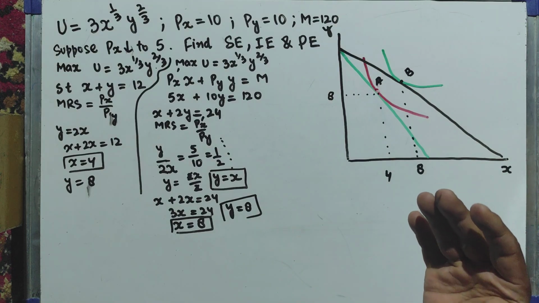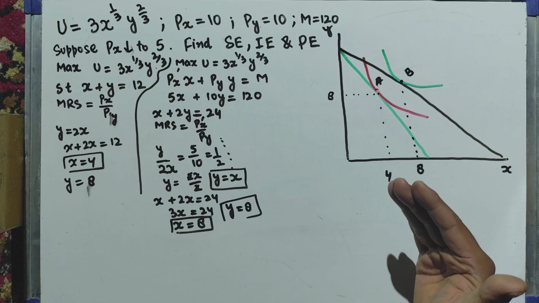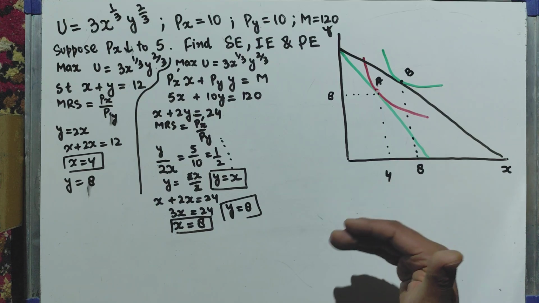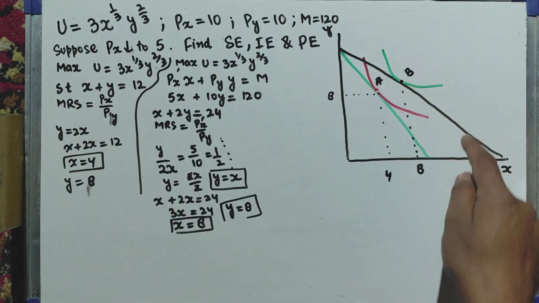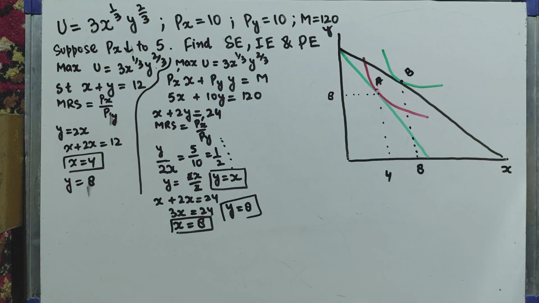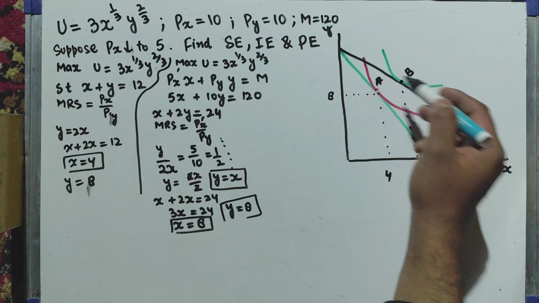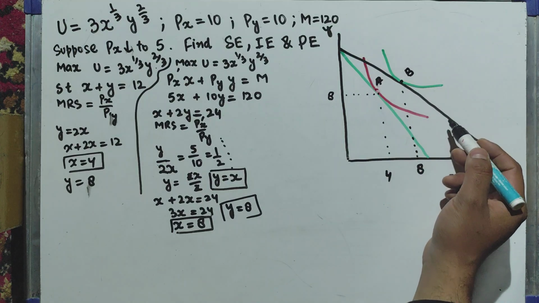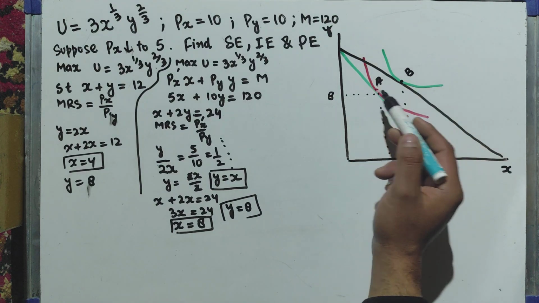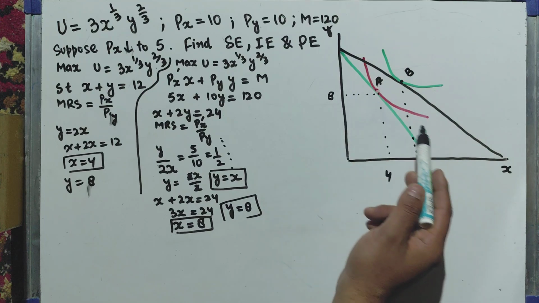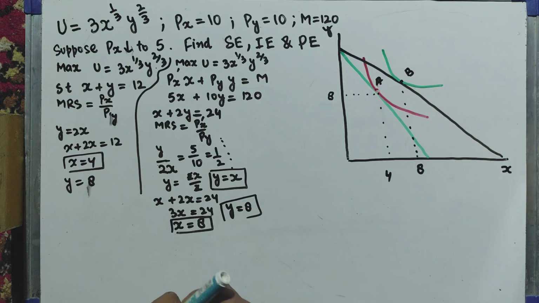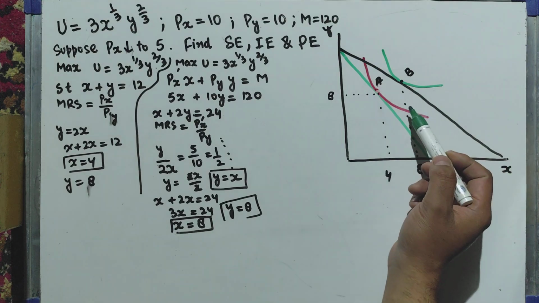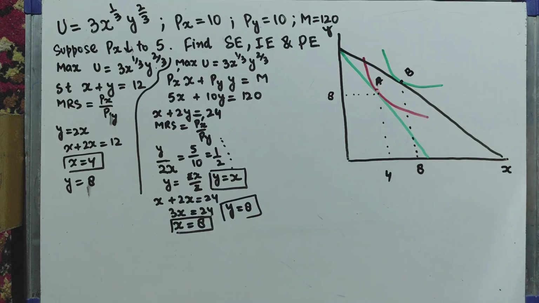So we hold the consumer's real income constant, so that his initial utility remains constant, that is on this red indifference curve. That means we will draw a new budget constraint that is parallel to this black budget constraint in such a way that it is tangent to this red indifference curve.